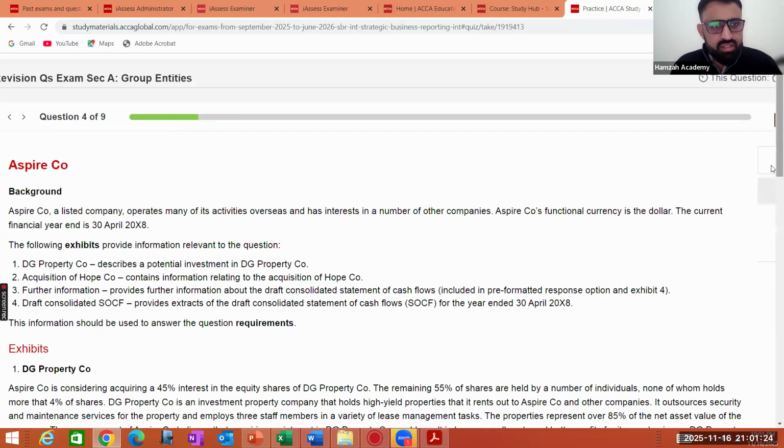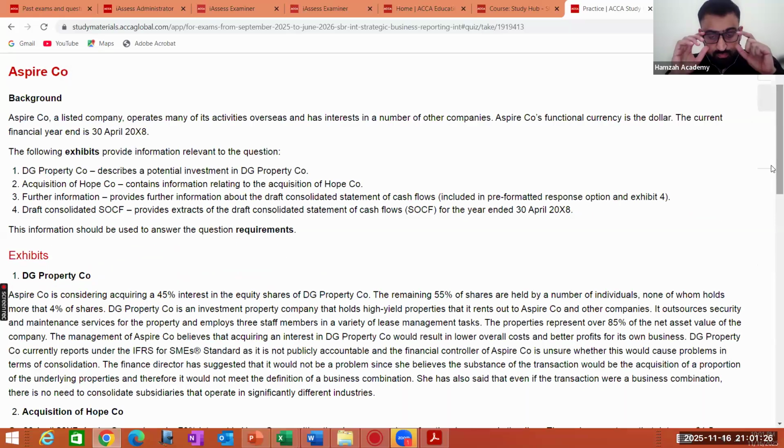Okay, now look at your screen. Now, dear student, we have a consolidated cash flow statement. In the consolidated cash flow statement, we have operating activity, investment activity, and financing activity.